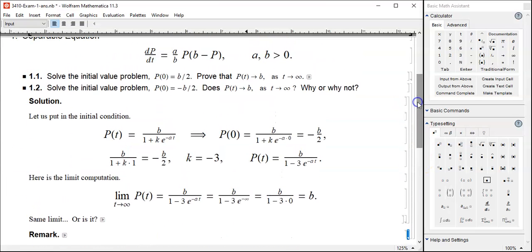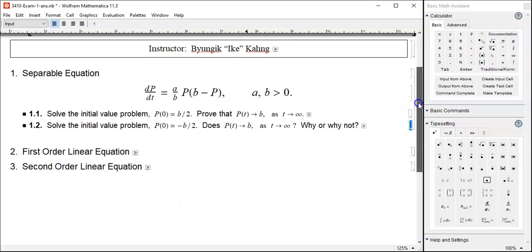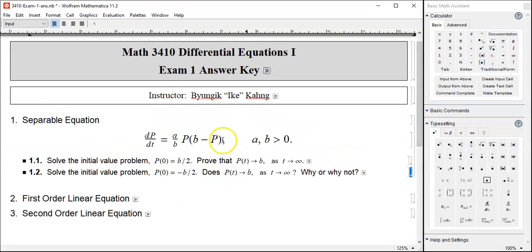Now let's go back to this population dynamics example. If P is population, then what do you mean by negative population? If P is absolute population, then this is completely impossible.